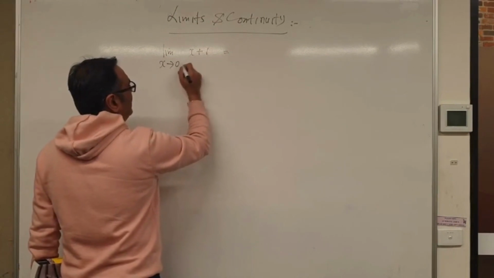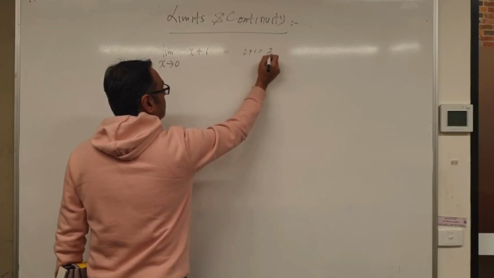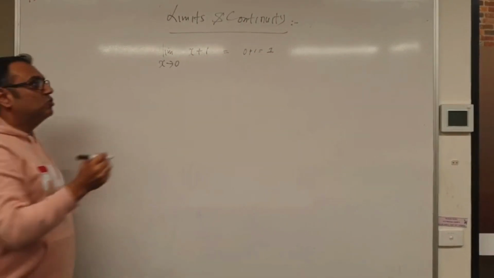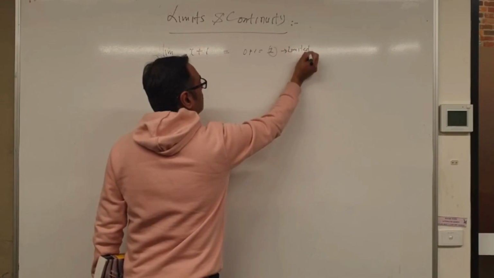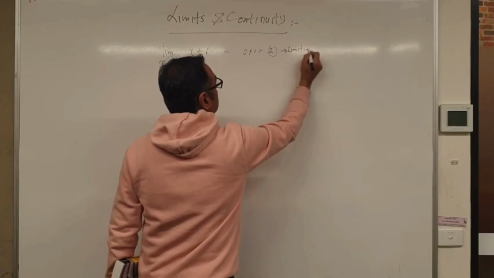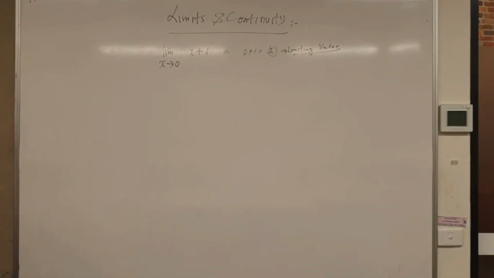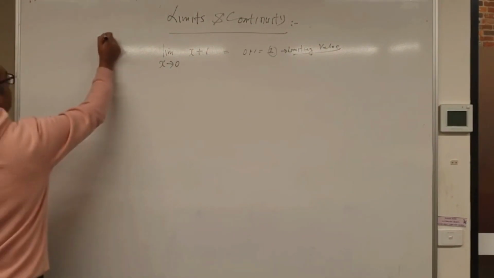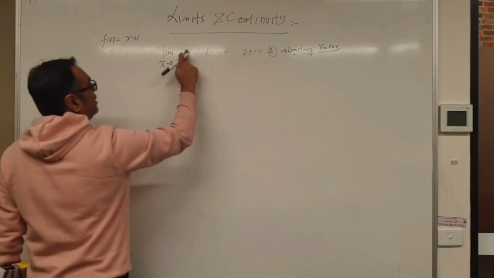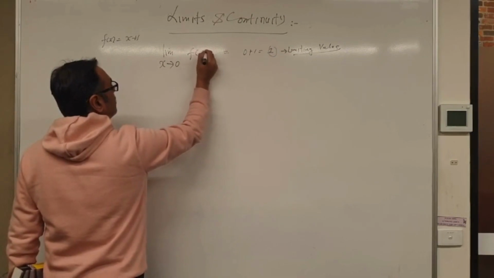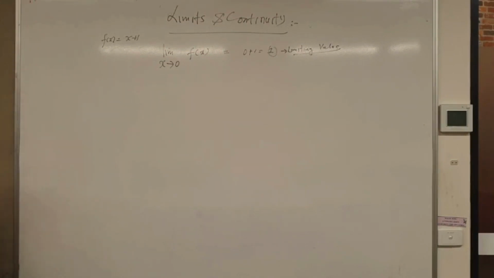You just blindly plug in x equals 0, and you get 0 plus 1 equals 1. This 1 is called the limiting value, where this function will approach. So if your f of x was x plus 1, and you're finding the limit of f of x as x tends to 0, the limiting value is 1, right?